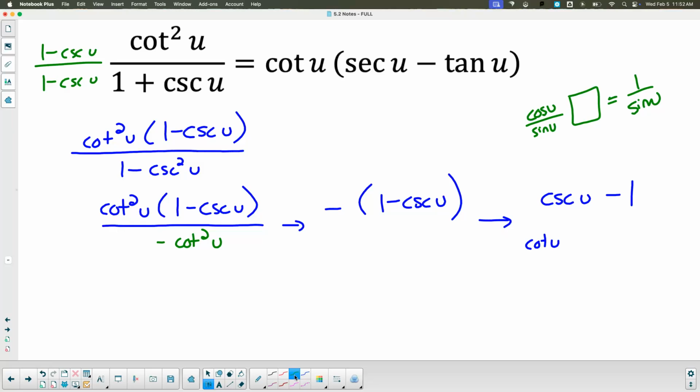So what is going to fill that box so that when I multiply by cotangent, I get cosecant? 1 over cosine, right? So then this would be secant of u. Correct?